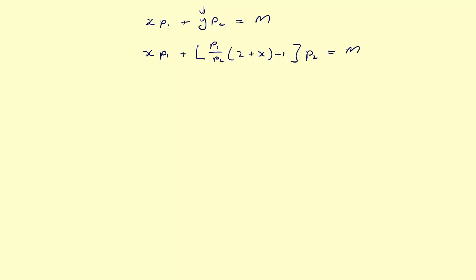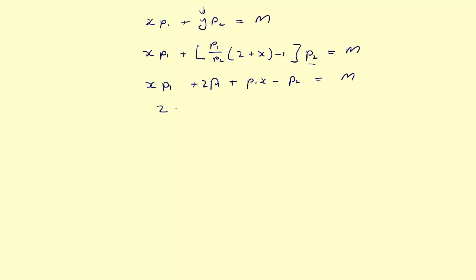What we're going to do is solve for x then. Well, we can expand that out, so we'll have x p1. Well, this p2 cancels out the p2 there in the first term, so we'll have plus 2p1 plus p1x, and then minus p2 equals m.